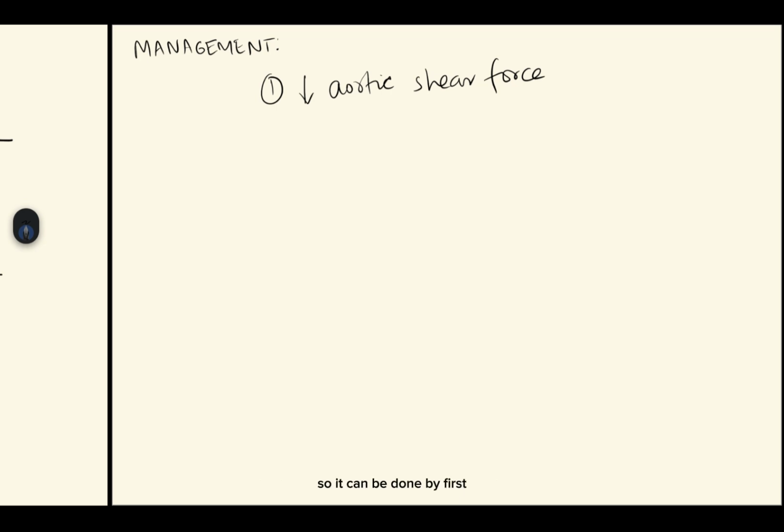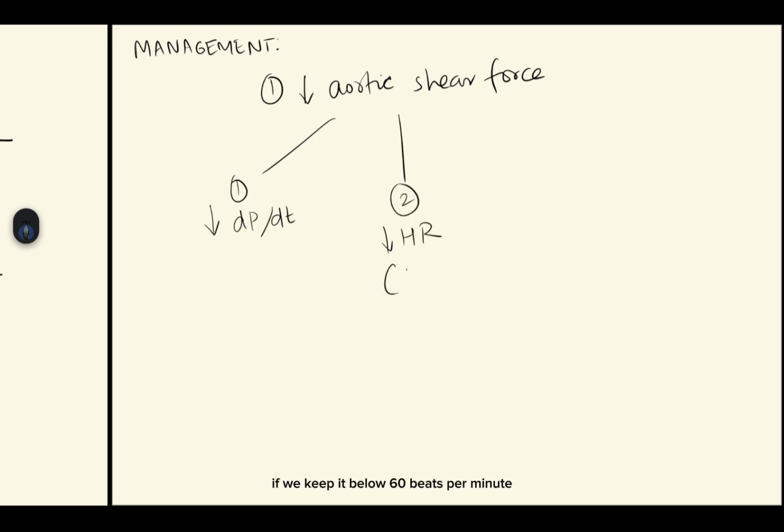It can be done, first, if we decrease the cardiac contractile force, right? The delta, the rate of pressure rise in the aorta during systole, if we decrease that, we can minimize the extension. Second, if we decrease the heart rate, keeping it below 60 beats per minute.